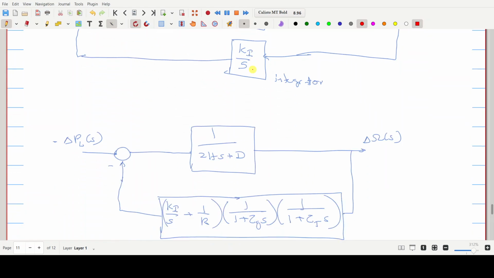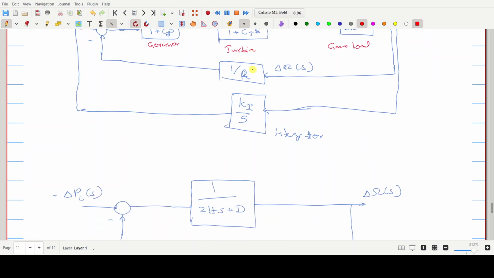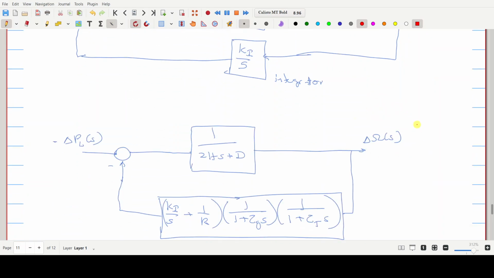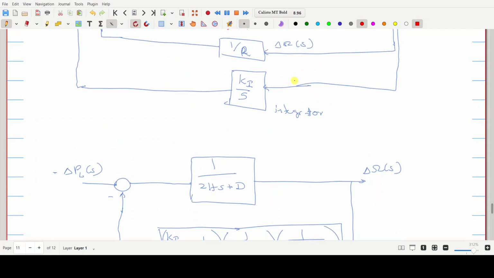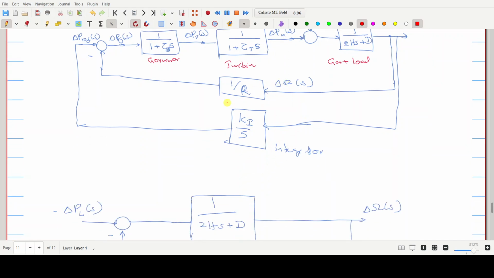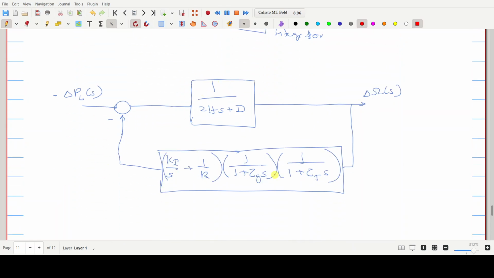So you can simplify this control loop, keeping the load change as the input and the generator speed as the output, as we discussed in the previous section. But now you are adding this supplementary control part, or the integrator, also into the picture.